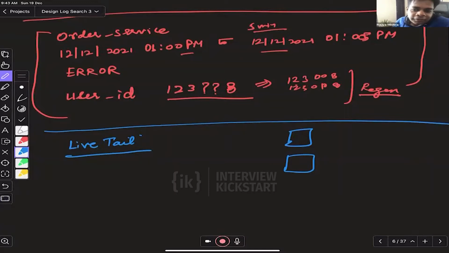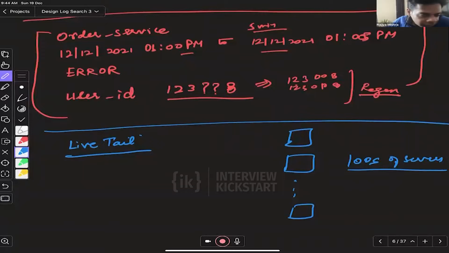This kind of complex log search application is required when we have a distributed system, when hundreds of application servers are running the service. It's not feasible to grab something from all those hundreds of servers. So this is where the log search application comes into the picture.